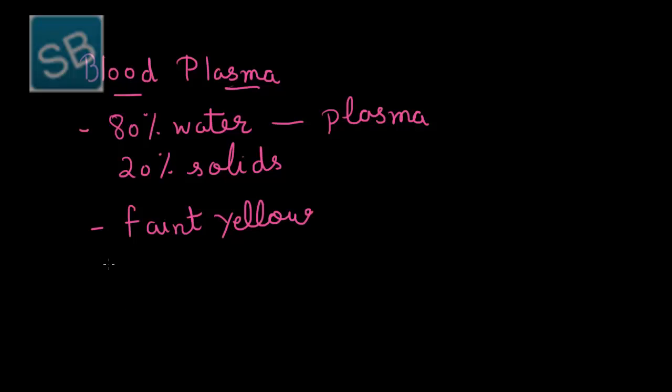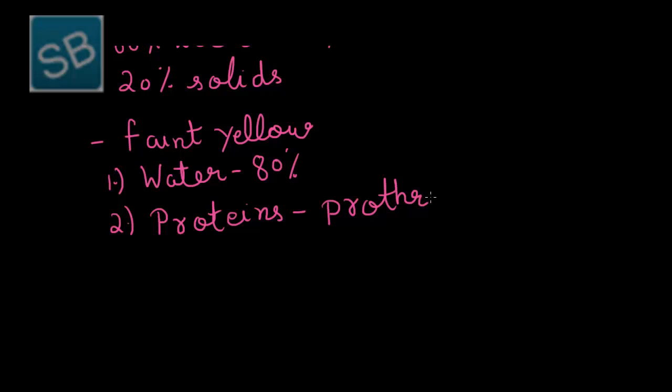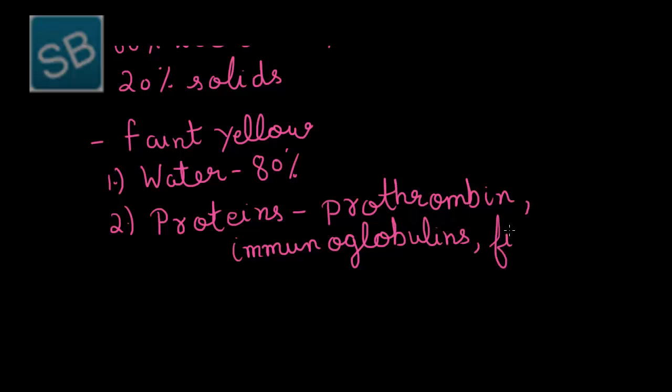Now, plasma basically consists of seven important things. First, water, which is about 80%. Further, it contains proteins. These proteins include prothrombin, immunoglobulins, and fibrinogen.